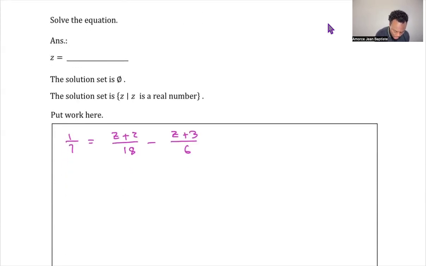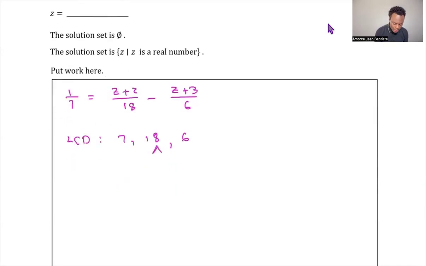Now I'm going to find the least common denominator for 7, 18, and 6. Well, because 6 is a factor of 18, now I'm not going to need to multiply. I can just use 7.